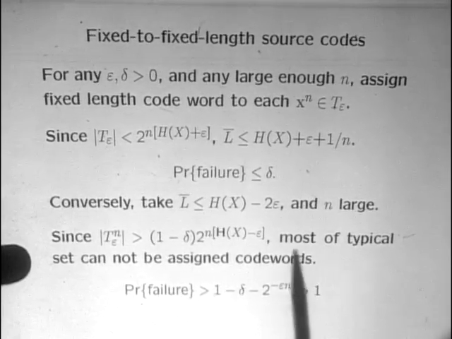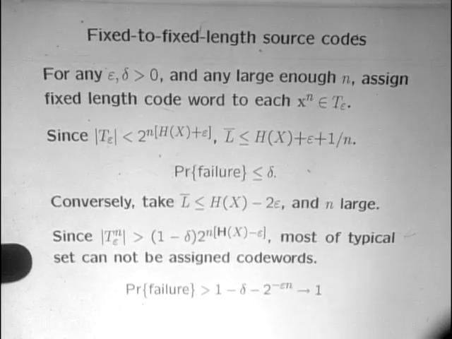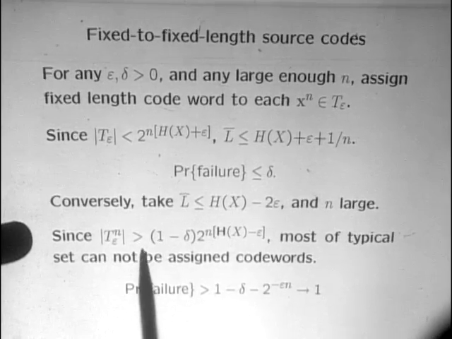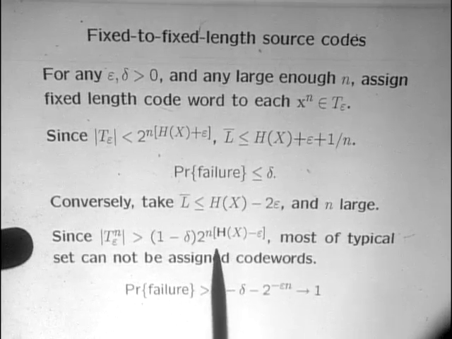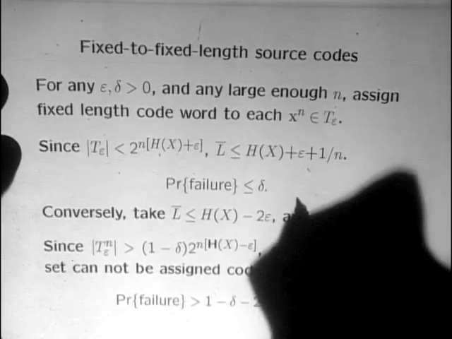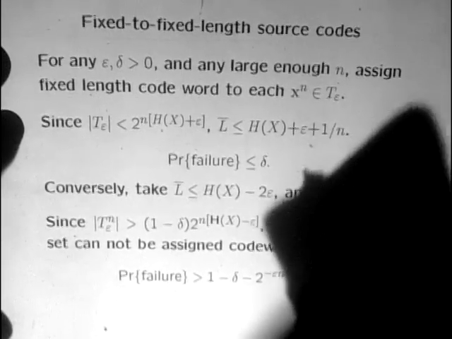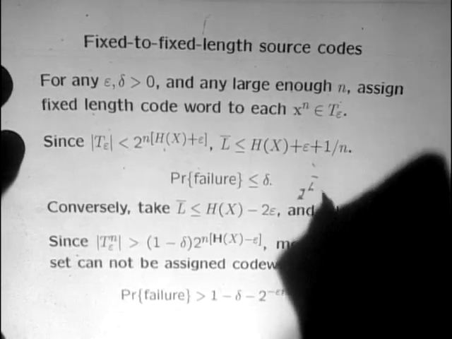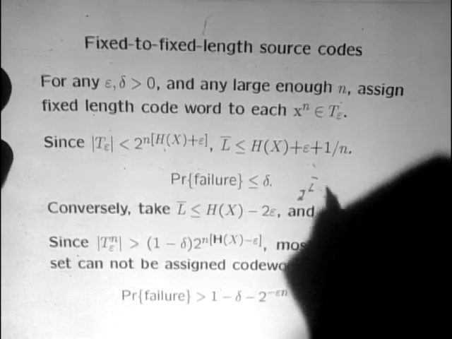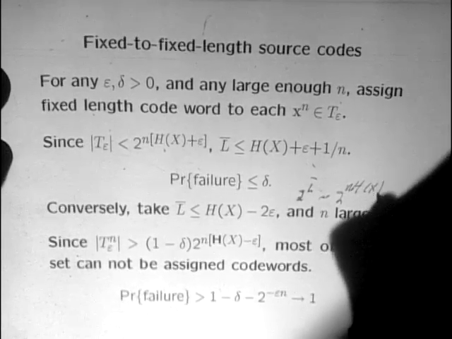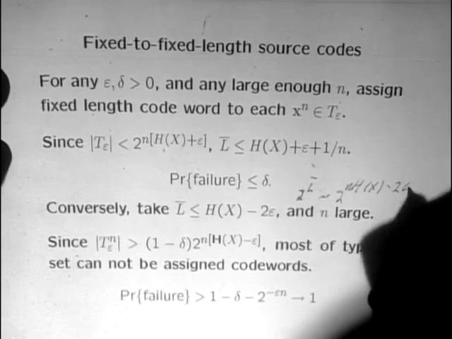And this says that most of the typical set can't be assigned code words. Okay? In other words, this number here is humongously larger than 2 to the L bar, which is in the order of 2 to the n H(X) minus 2 epsilon n.